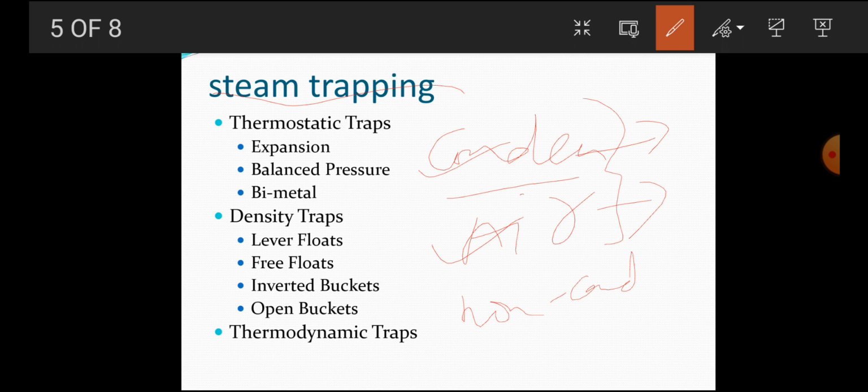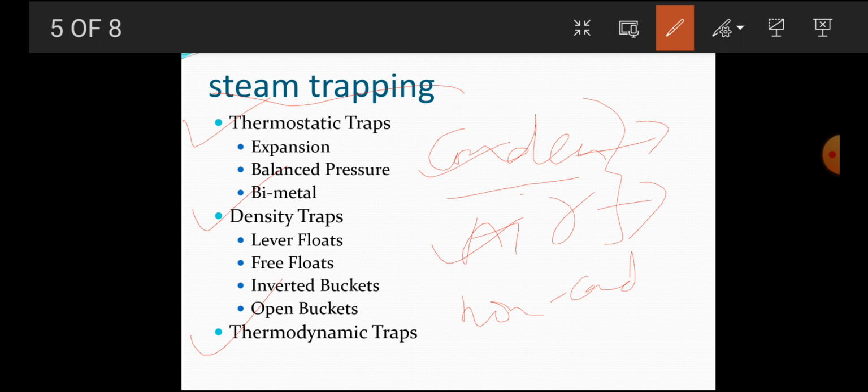Steam is not being exited, only the impurities, that is condensate and air. Based on current designs, there are three basic operating principles of steam traps, namely thermostatic, density and thermodynamic.